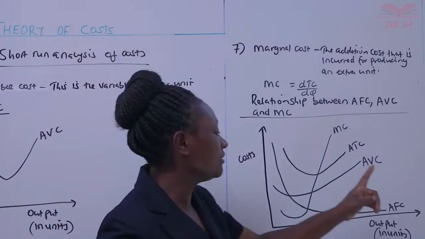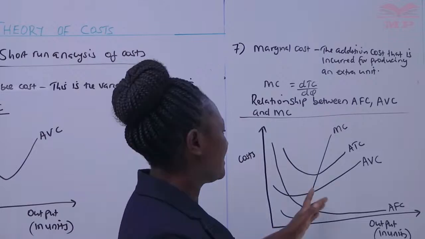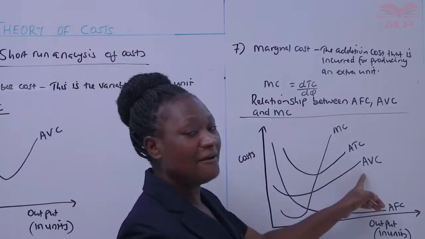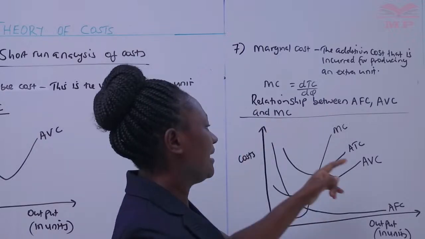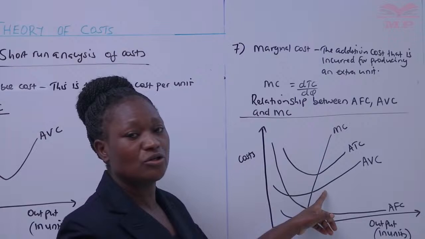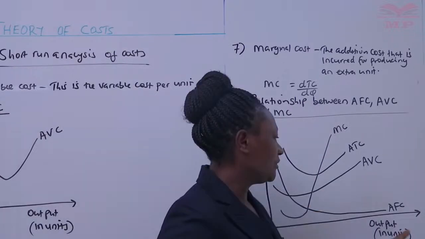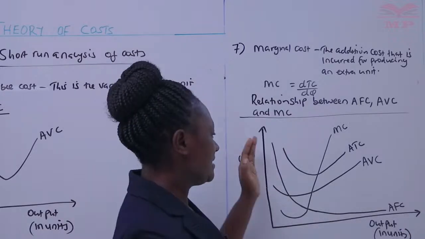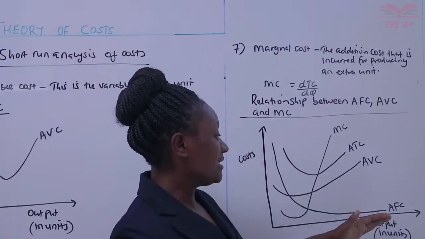The marginal cost intersects the average total cost at its minimum. And then once we have that intersection, when the MC is above the average variable cost, the average total cost is increasing, the average variable cost is also increasing, and then the average fixed cost is falling continuously. So as others are rising, this is falling continuously, though it is not able to reach the axis.